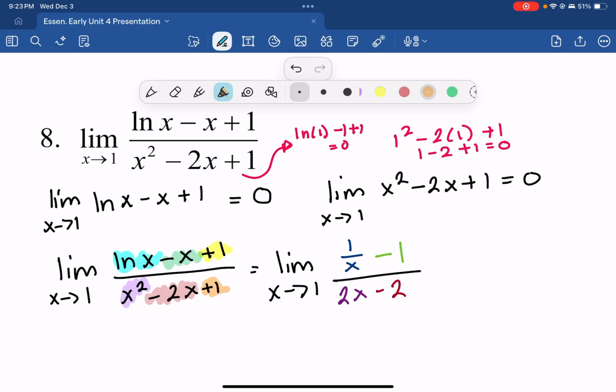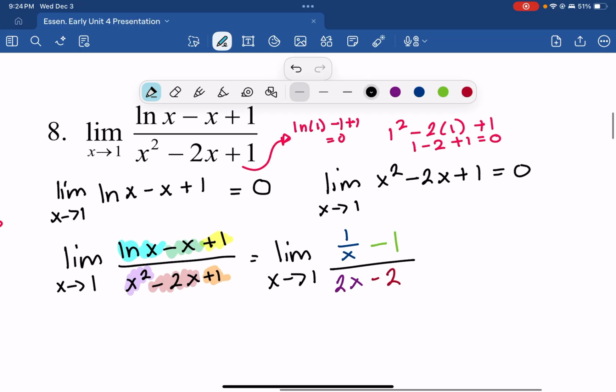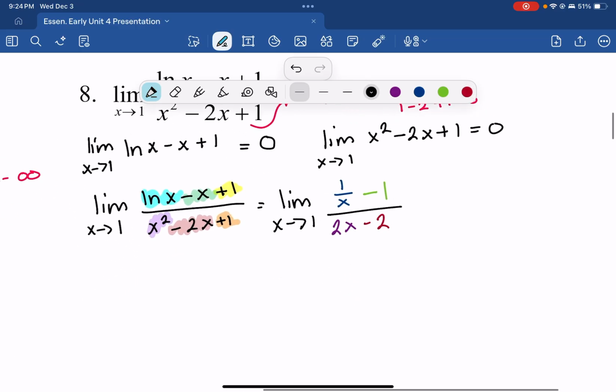So now we're looking at the limit of 1 over x minus x, all over 2x minus 2. Right? So we're doing that thought process again. What happens if I plug in 1? Well, 1 over 1 is 1, minus 1 is 0, and 2 times 1 minus 2 is also 0. So we're stuck at that impasse again, where we need to use L'Hopital's again.